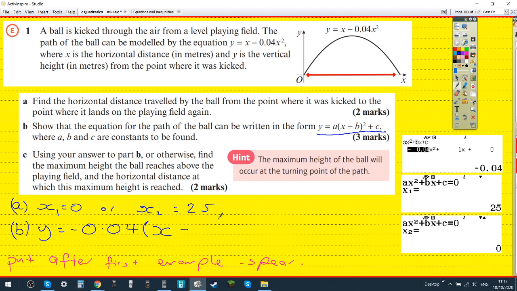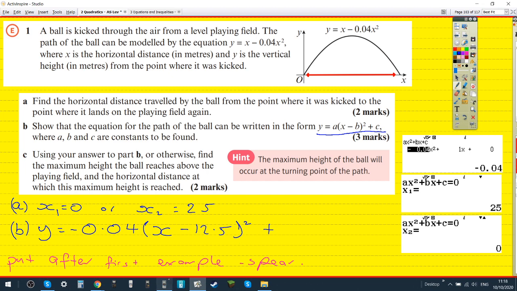No. Not minus 0.04. No. Use the maximum. Put it into your calculator. 12.5 minus 12.5, and then squared, and then plus 12.5 squared.